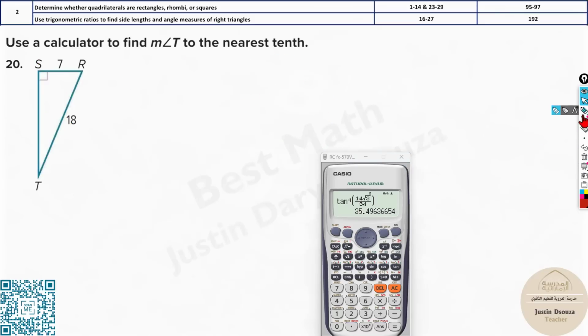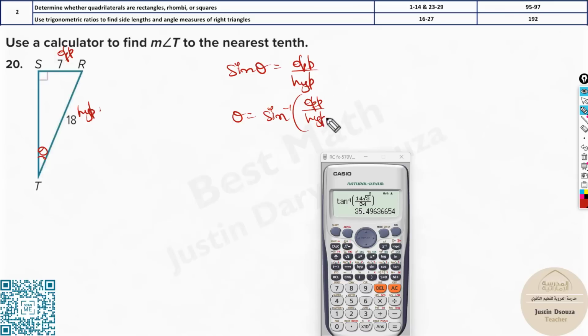And again over here, let's quickly do this. Measure of angle T, theta, opposite is known, and this is hypotenuse. Opposite and hypotenuse is given by sine theta, that is opposite by hypotenuse. Now theta will be equal to sine inverse, I'm directly writing it, of opposite by hypotenuse. Let me substitute the values. Theta is sine inverse of, opposite is 7 divided by 18.